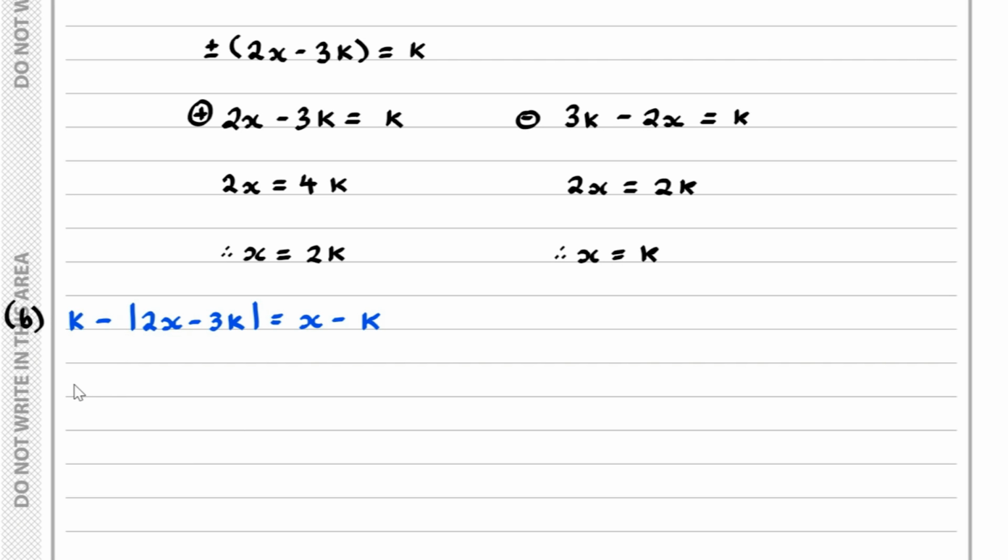So if we rearrange, the mod of 2x minus 3k is equal to 2k minus x. So we move this to the left hand side and this to the right hand side, and we get this result as we see here. If we replace the modulus signs with plus minus, we've got plus minus 2x minus 3k equals 2k minus x.